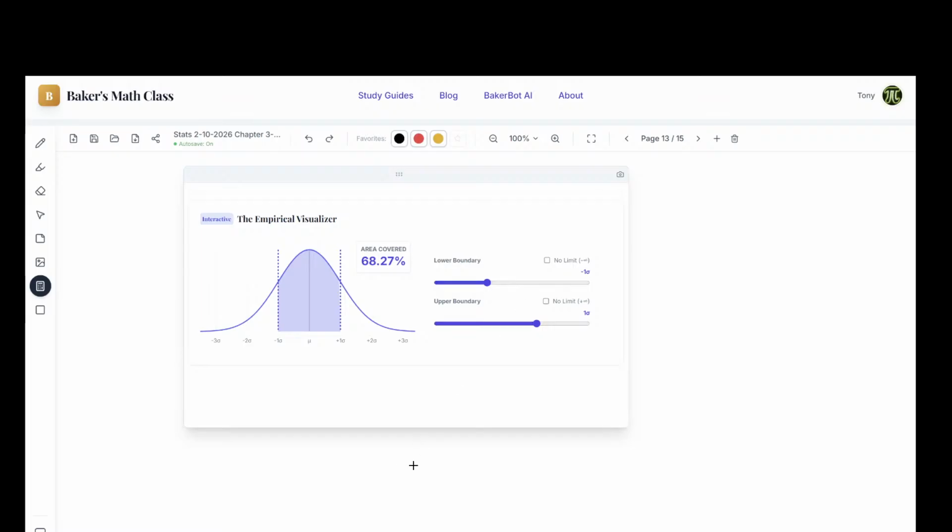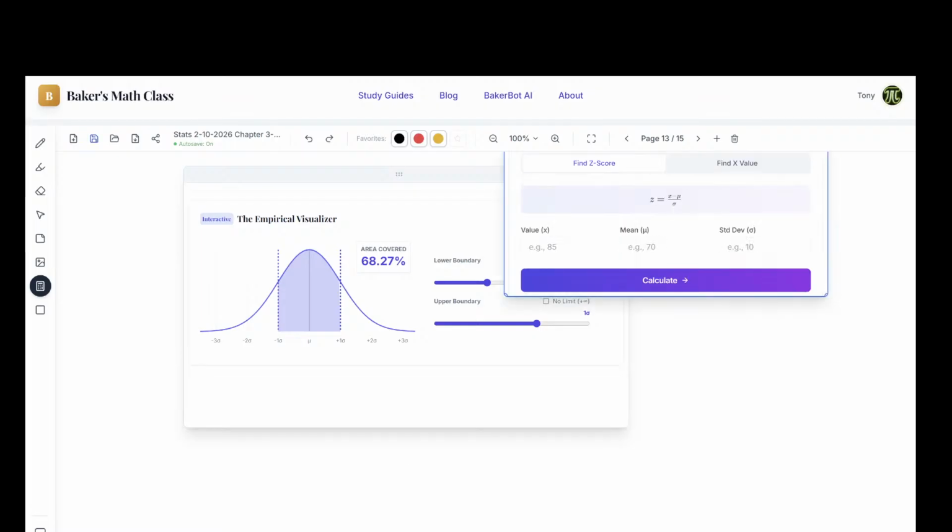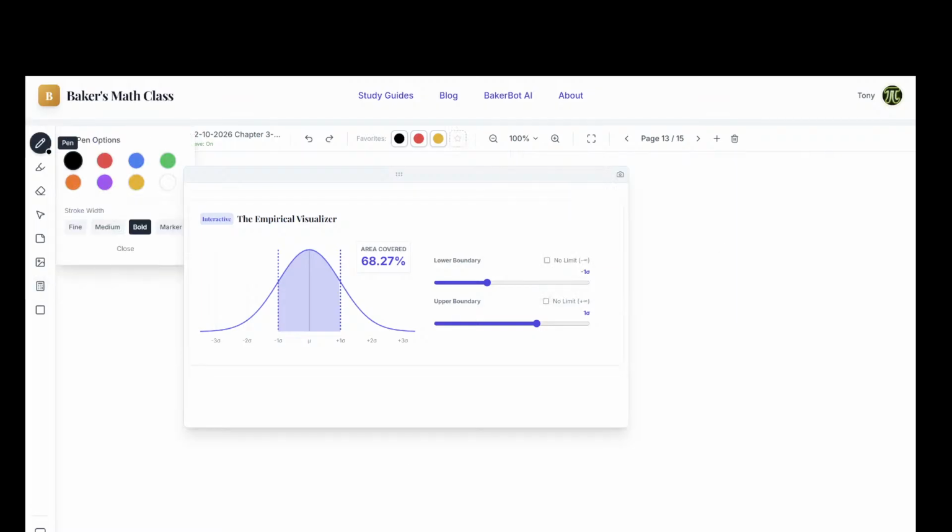So where you're going to see this problem on your homework and stuff is a problem like this. So IQ, the mean IQ is 100.